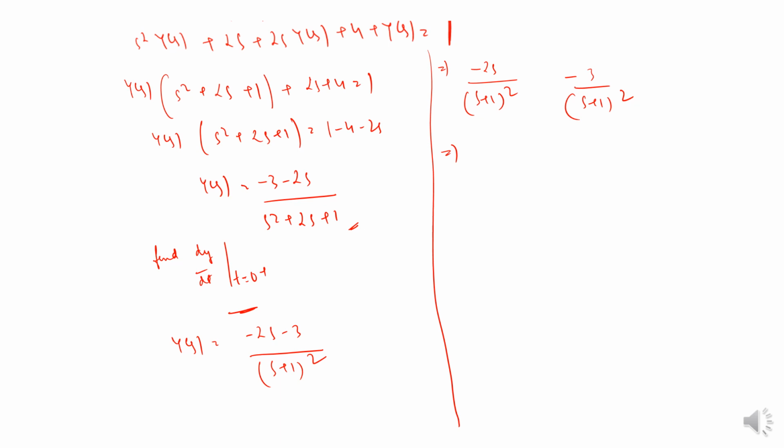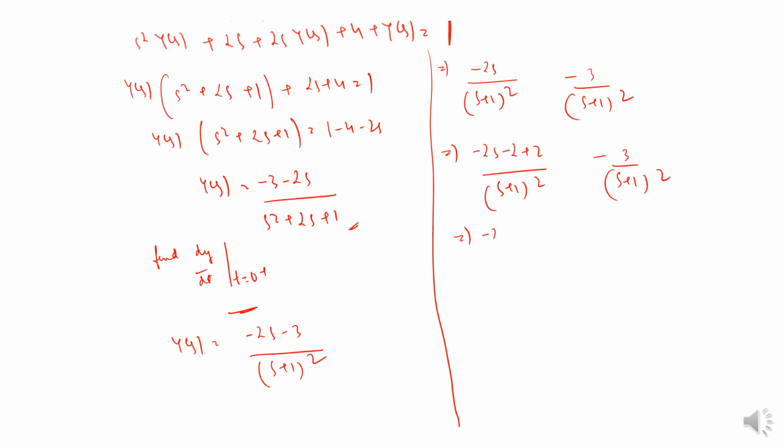This can be further solved as minus 2s minus 2 plus 2 by s plus 1 whole square minus 3 by s plus 1 whole square.